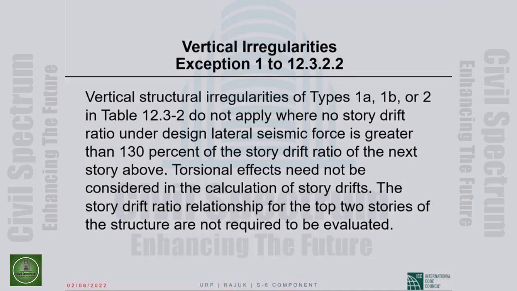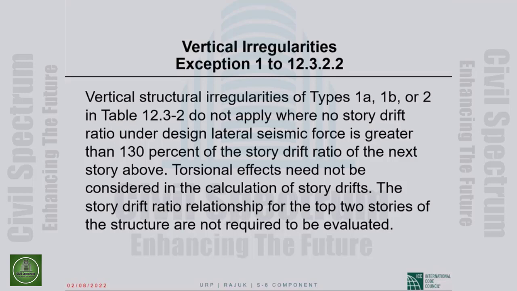Vertical structural irregularities 1A, 1B, or 2 do not apply, they can be considered to not exist, where no story drift ratio under designed lateral seismic force is greater than 130% of the story drift ratio of the next story above.